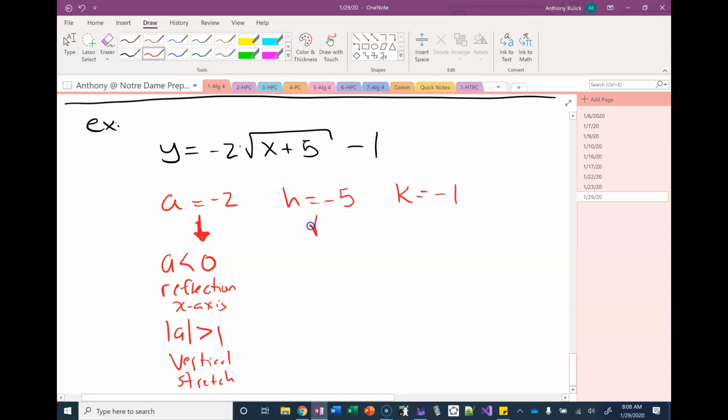What is the h going to do? Yeah, since the h is negative, we're going to go left 5 units. And how about the k? Good. So that's going to go down because the k is negative. And it'll go down 1 unit.